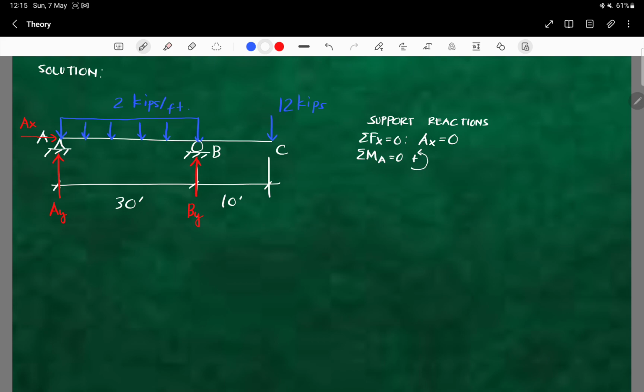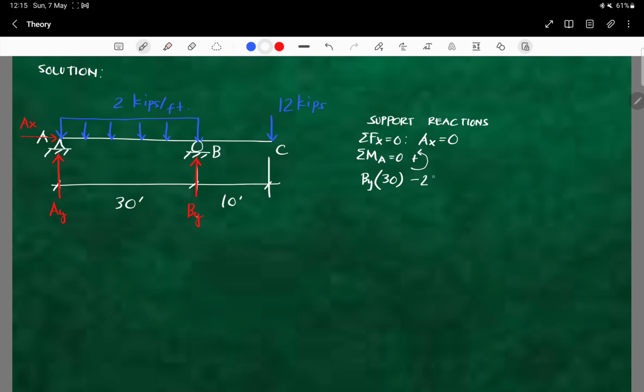The forces at point A cancel out because that is where we take moments. So what we have left is BY multiplied by its perpendicular distance, which is 30. And then we have the 2 kips per foot, which is reverse of the assumed direction, so this is taken as negative.